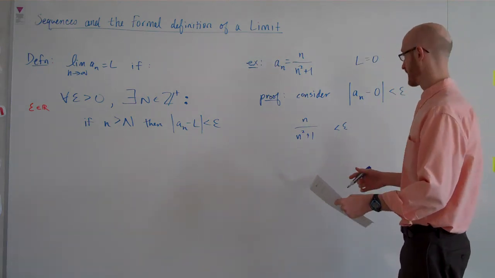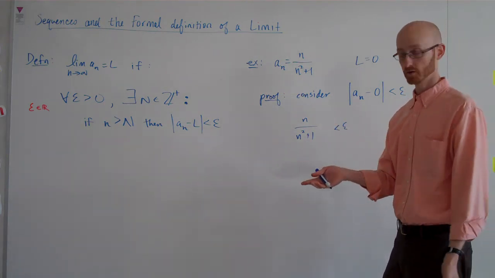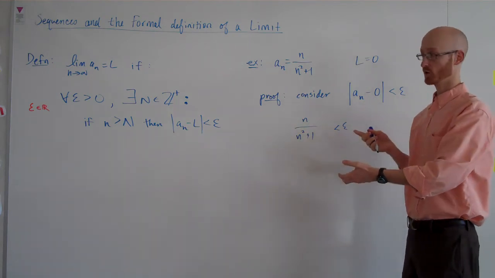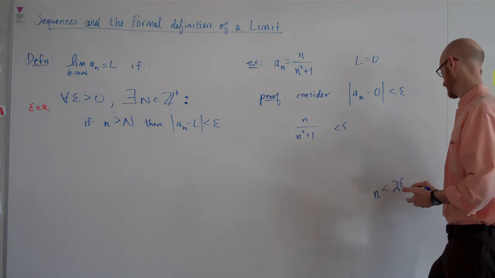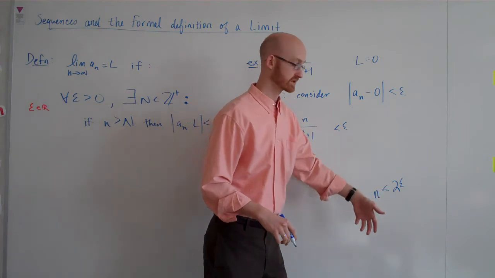Okay, now here's where the crux of this proof comes in. We need to somehow get n in terms of epsilon. So for example, maybe at the end of the day we'd say, oh, n is greater than 2 epsilon. That is not true for this problem, but let's just say n is greater than 2 epsilon.